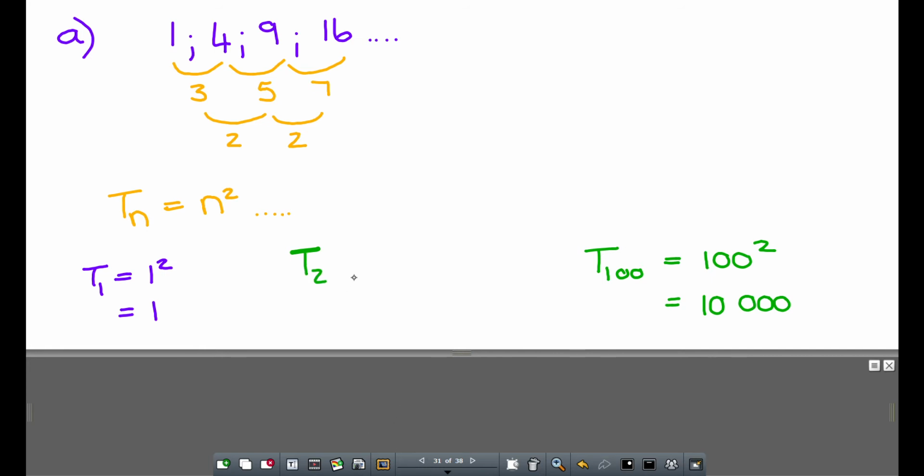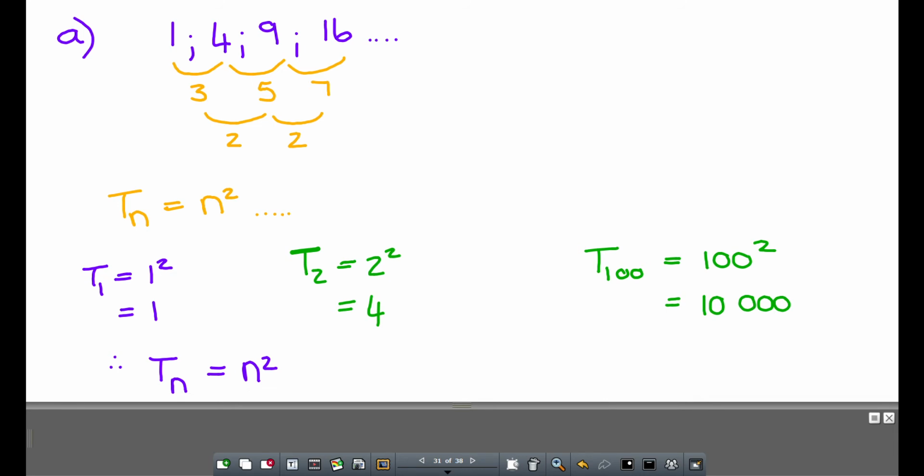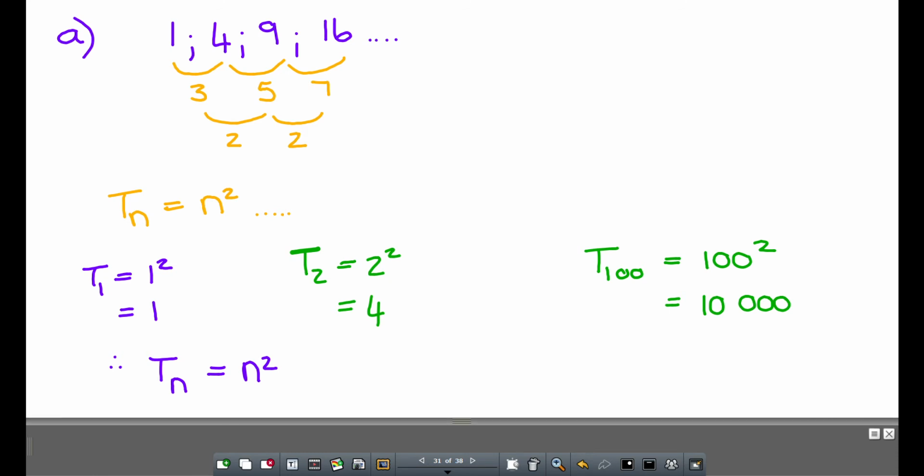Term 2 would then be 2 squared, and that gives me 4. And how much is term 2? 4. Okay, so that was the final thing to tell me that term n will just be n squared. Now I go look at the 100th term.